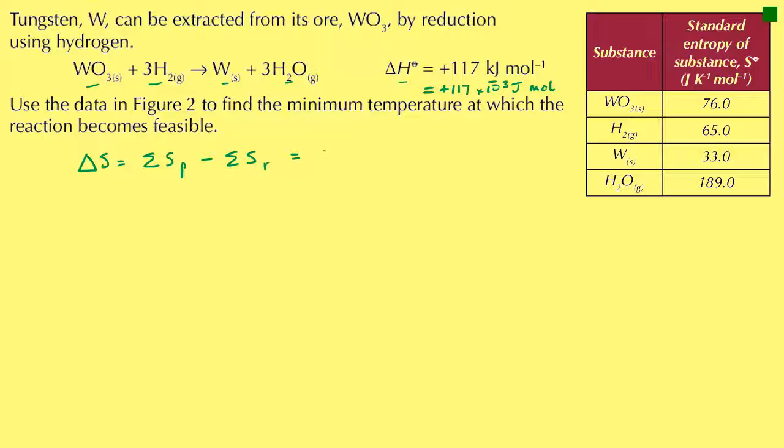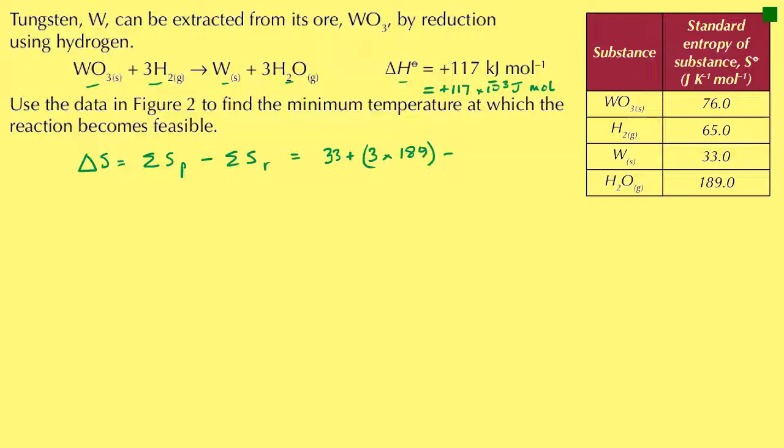Tungsten is 33, and we've just got 1 mole of tungsten produced, so we can leave that at 33. But we've got 3 moles of water produced, so we're going to have 3 times the entropy of water, which is 189 from the chart. So that's the entropies of our products, and we're going to subtract from that the entropies of our reactants.